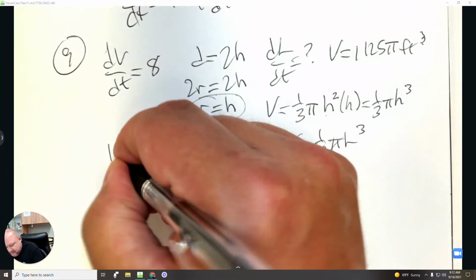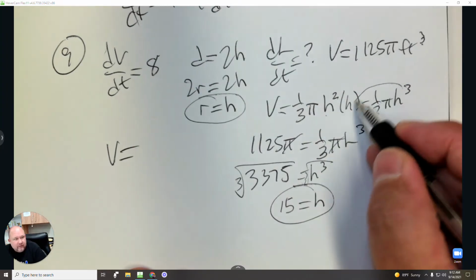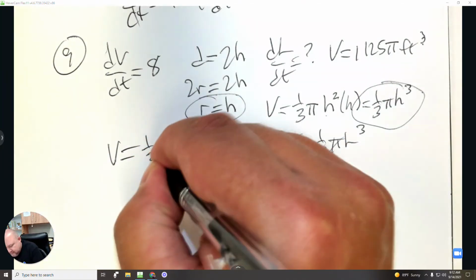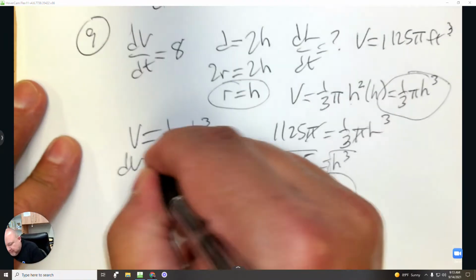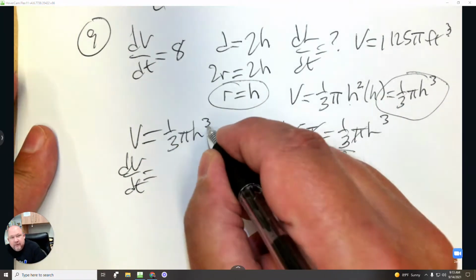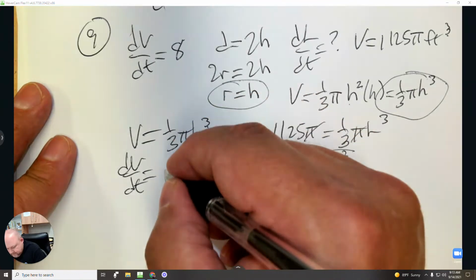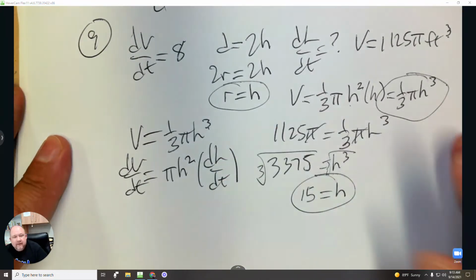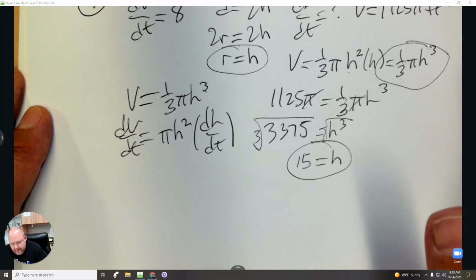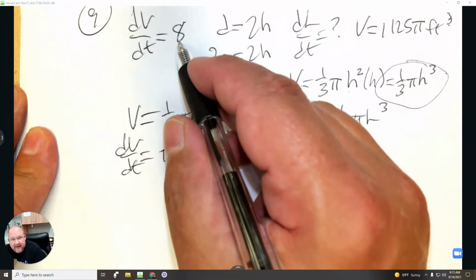So we come back here again. I'm going to use this and take the derivative. So the derivative with respect to time, 3 times 1/3 is 1. Subtract and then the hook. So there's the derivative. The volume is changing at a rate of 8.